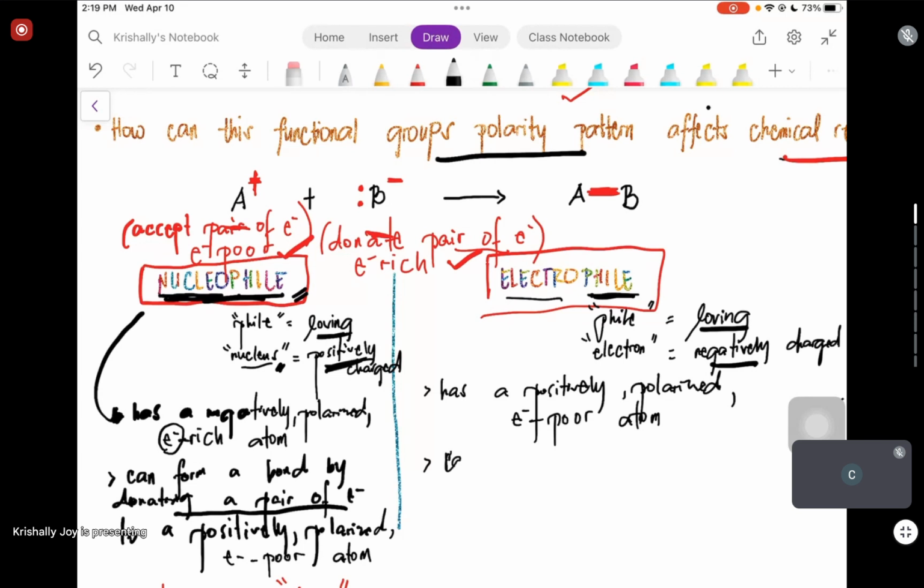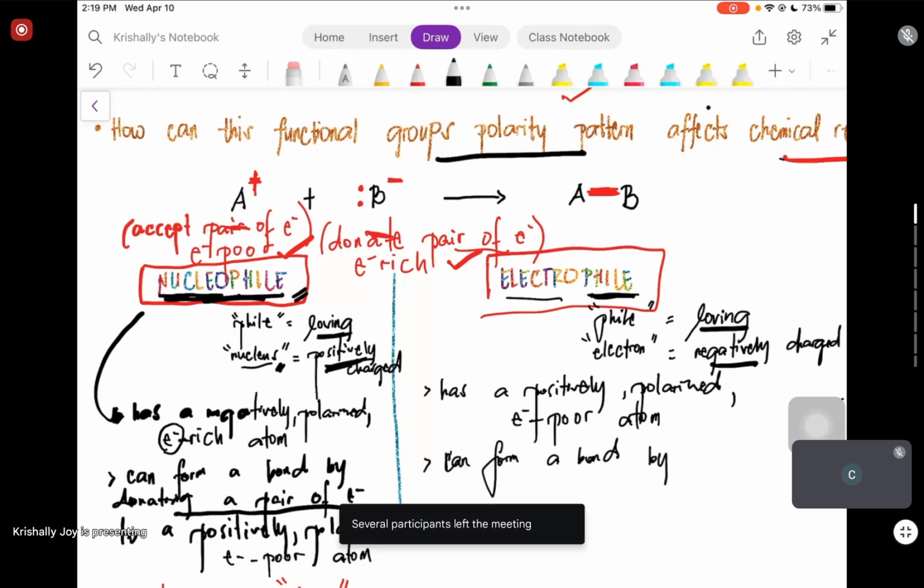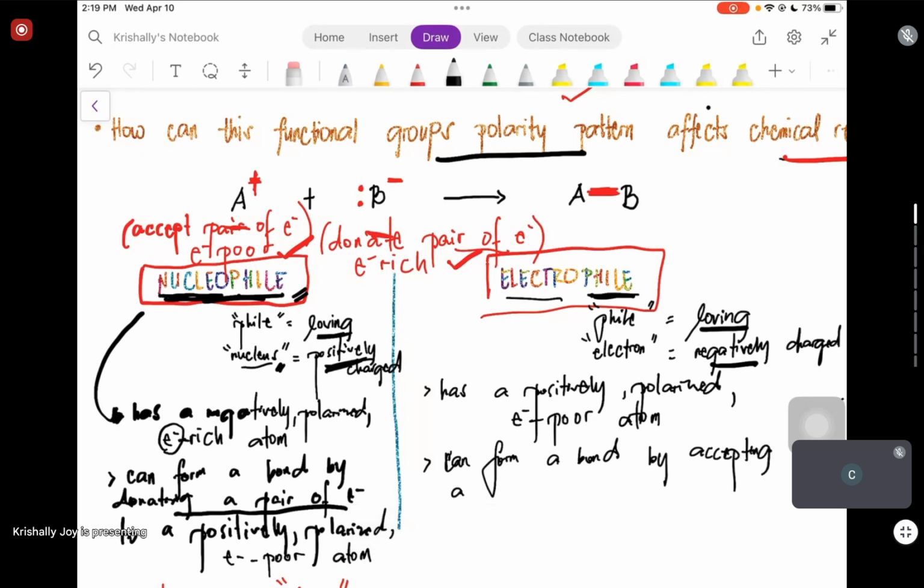It can form a bond by accepting a pair of electrons from a negatively polarized, electron-rich atom.